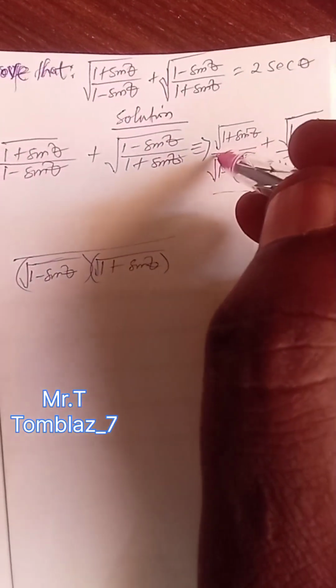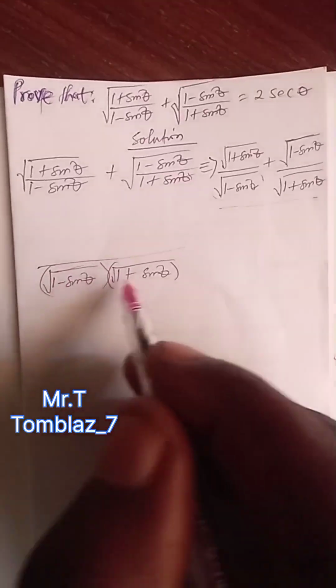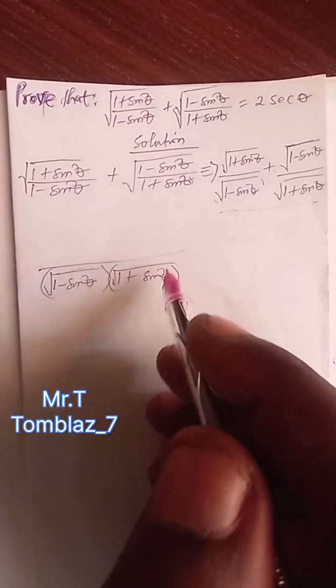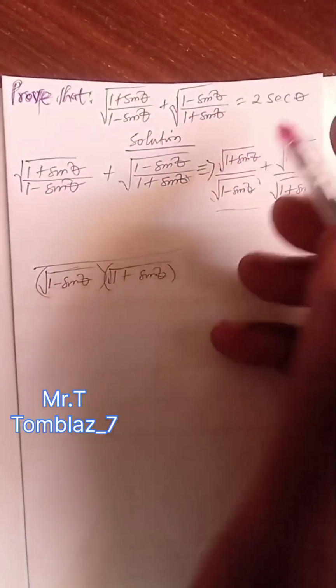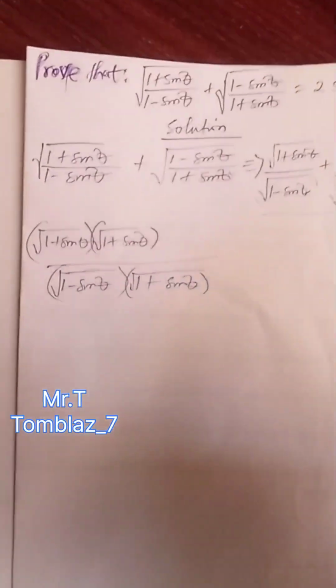If the whole of this is brought to divide this, it will cancel, only this will be left. So this times the numerator will now give you the square root of (1 plus sine theta) times another square root of (1 plus sine theta), right?